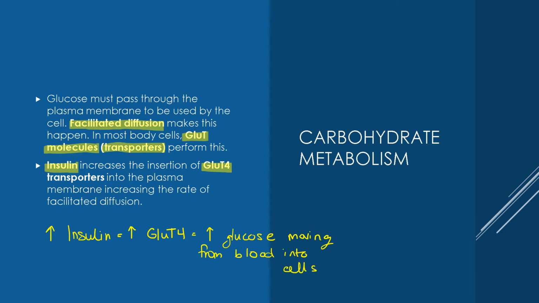And this is one way that insulin decreases blood glucose levels, because we're quickly moving glucose from the blood into the cells. We're not getting rid of the glucose that's in the blood, but we're moving it into the cells so that it can be used by the cells.